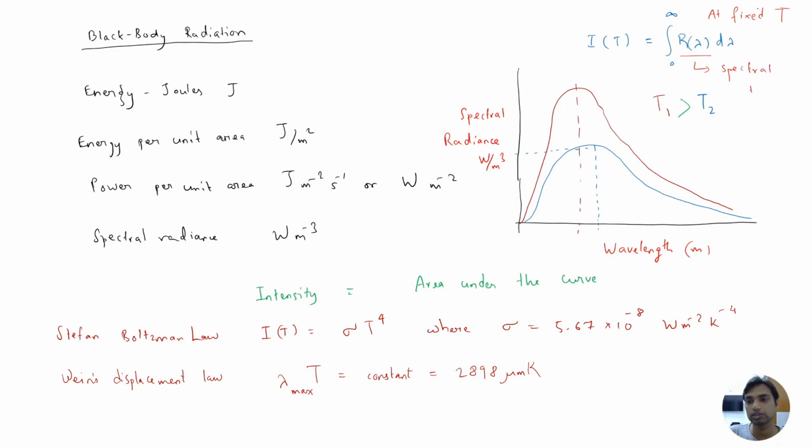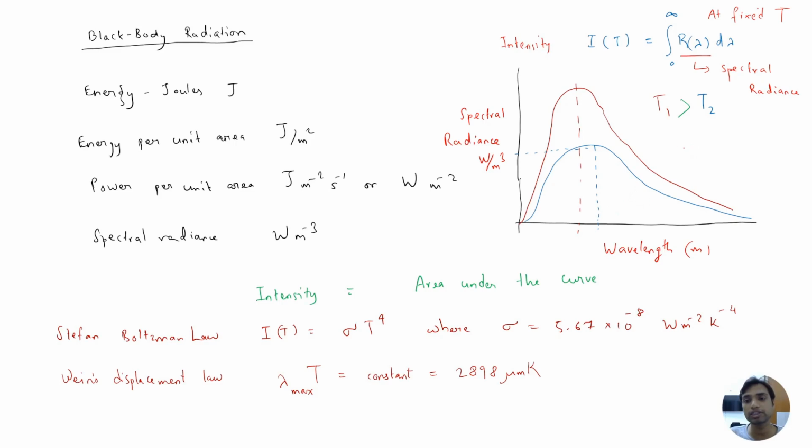Spectral radiance, I is the intensity, which basically means that the area under this graph is the intensity. Now you see, as temperature increases from T2 to T1, so this is at higher temperature, the area under this curve is more than the area under this curve, which means the intensity increases as we increase the temperature of the body.